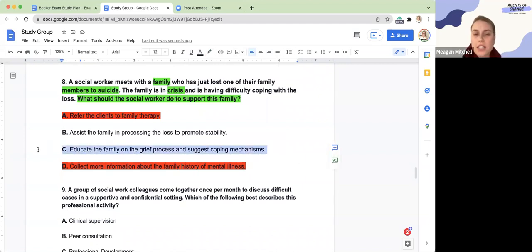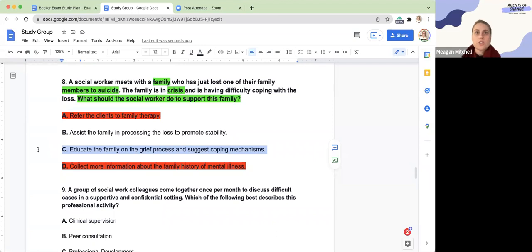What is wrong with C? Educating them on the grief process and suggesting coping mechanisms. What's wrong with that? We don't know if they need education. And when people are in crisis, is their brain functioning in the best way to take information in? I always bring it back to a child having a temper tantrum.